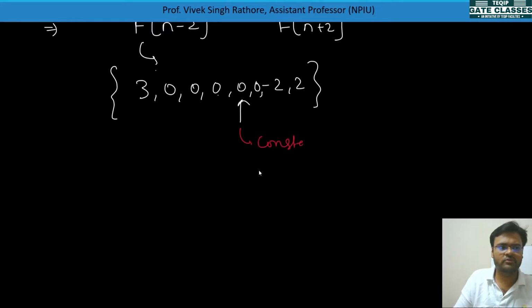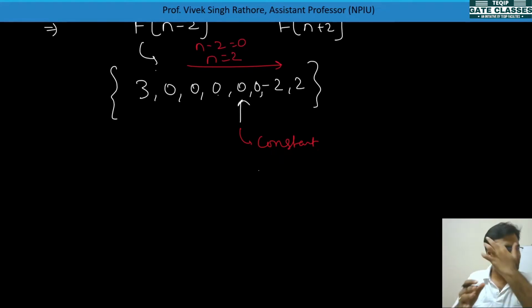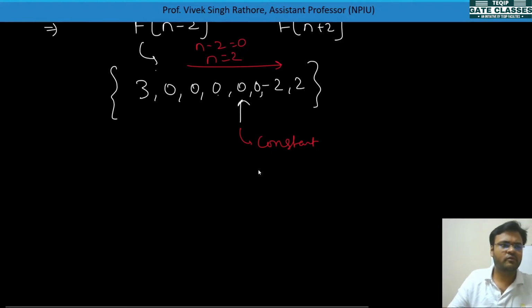How much do we shift? If you equate n-2 is equal to 0, then n is equal to 2, so we have to shift by 2. Every value, like this value which was at n is equal to -4, and this one at 0, 1, 2, so in every n you need to add plus 2.